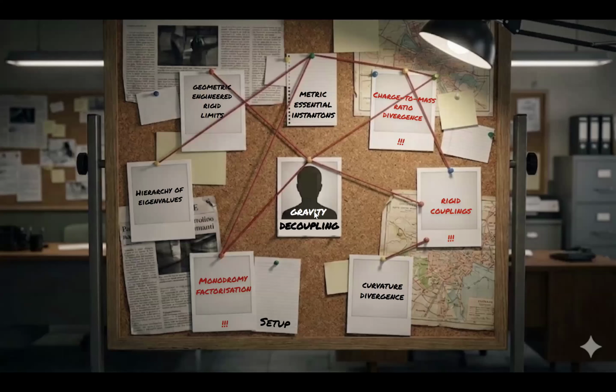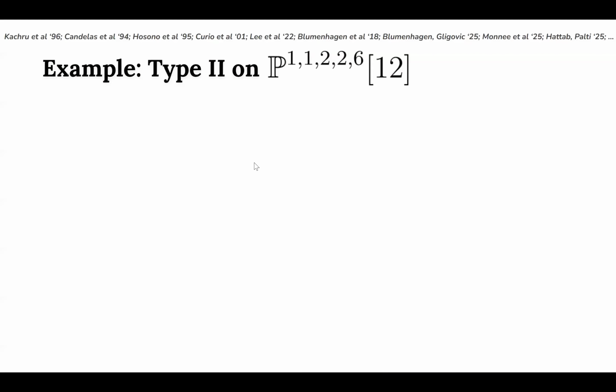And to do so, I will consider a specific example, a specific type II string compactification on a well-known Calabi-Yau. And we are going to take what is called a geometric engineered rigid limit. I'm going to explain what I mean in a second.